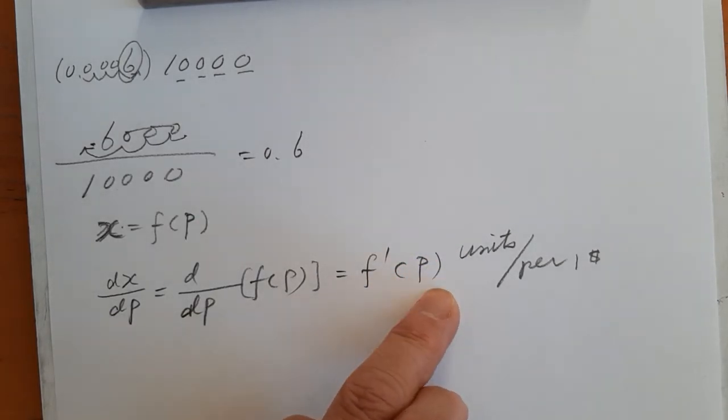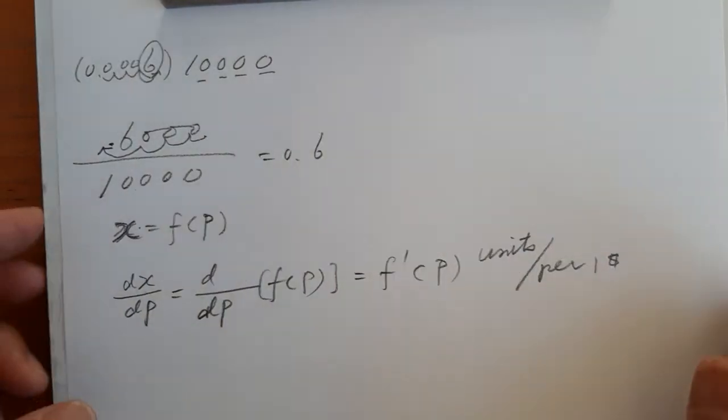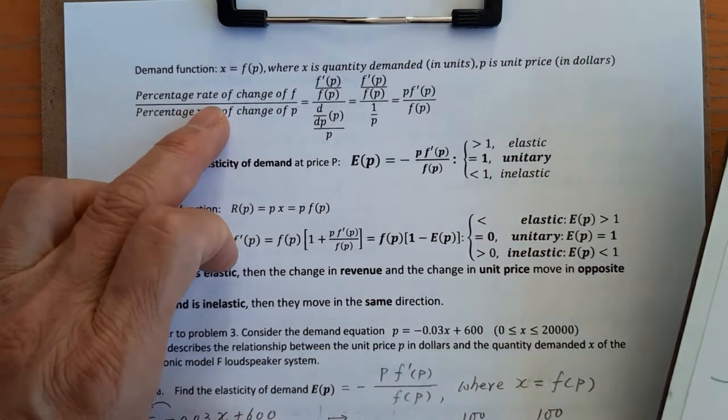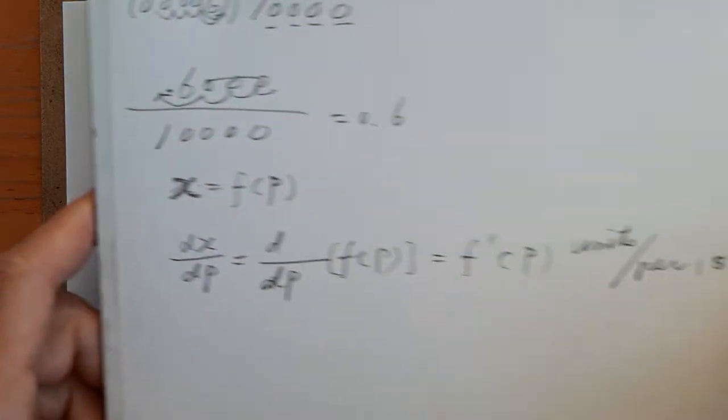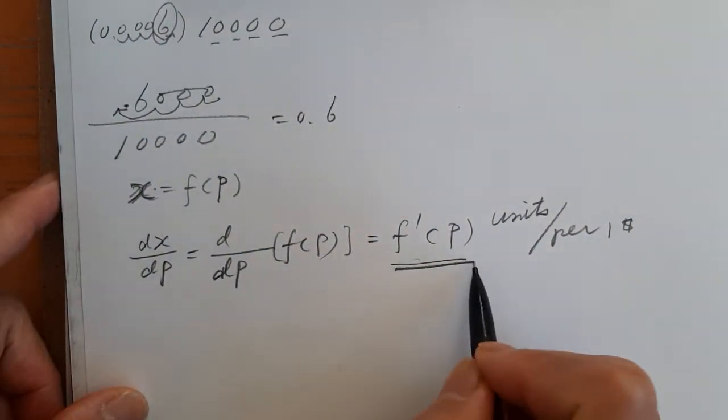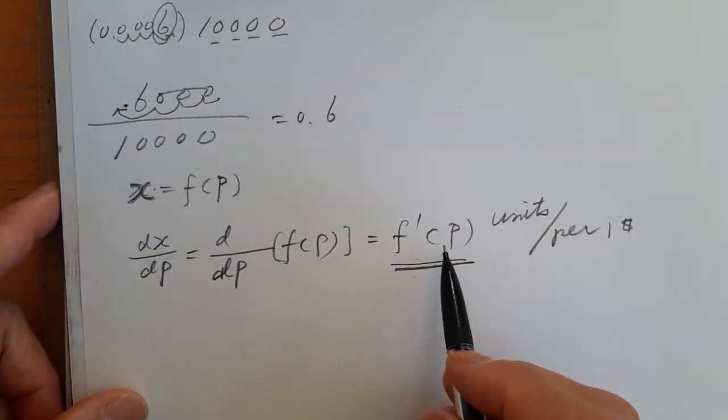That's f prime of P. That's what we call the rate of change of f. The function is f prime of P.